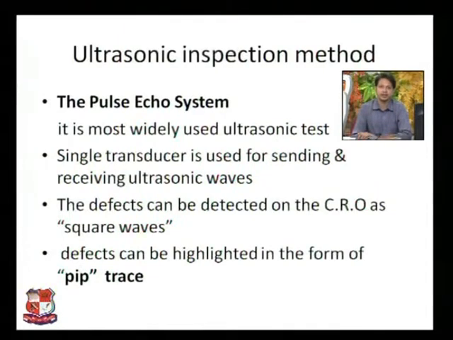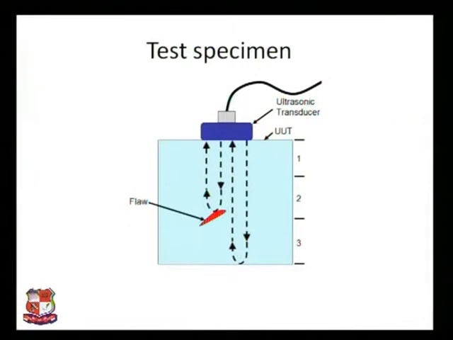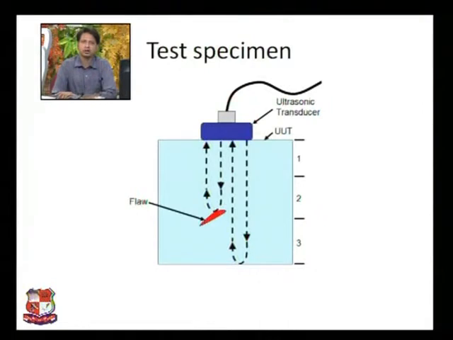First of all, let us check the diagram. You can see the test specimen, a cube-like structure of any type of metal. Just think that it is a metal. The blue portion represents the ultrasonic transducer. You know that a transducer converts one form of energy into another, and it is connected to the CRO with the help of a coaxial cable. You can see that cable going to the CRO and the amplifier section.